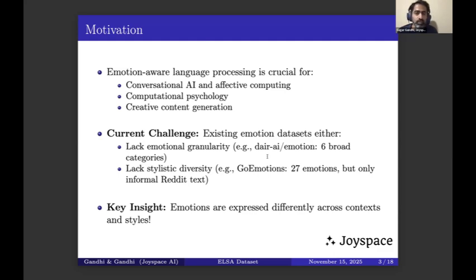Like we know, 6 emotions are very basic. Then in 2021, there came GoEmotions. This is from Google. They came up with 27 emotions, but there is no stylistic variations in those texts. They just script read it and labeled the dataset.